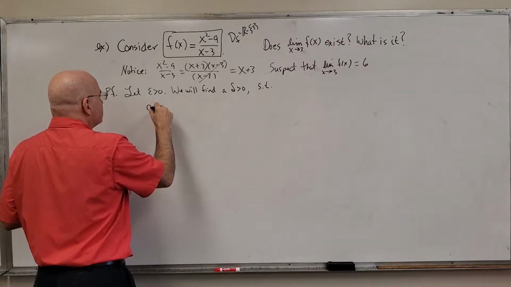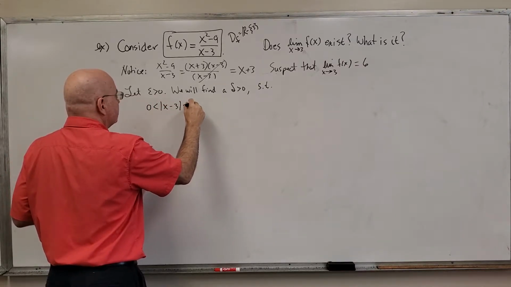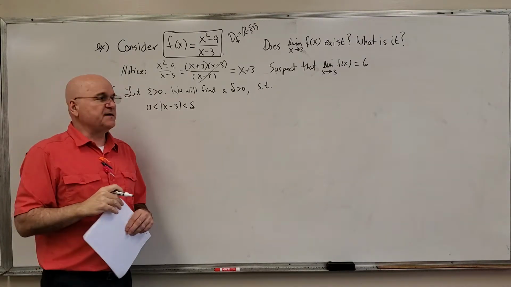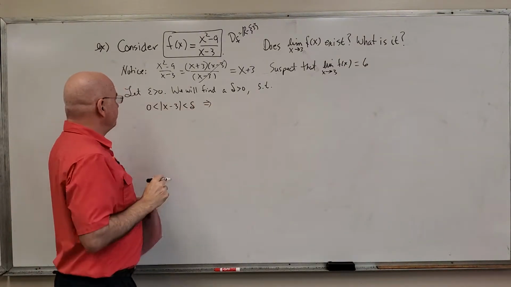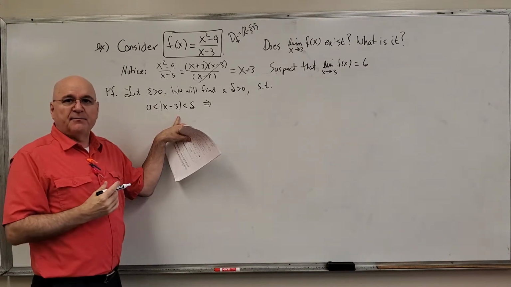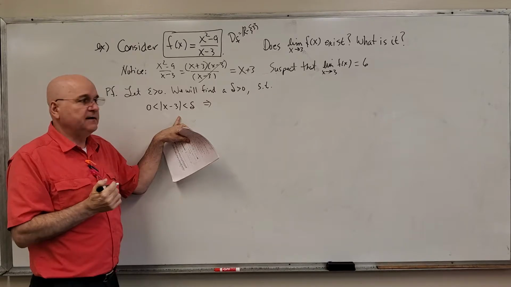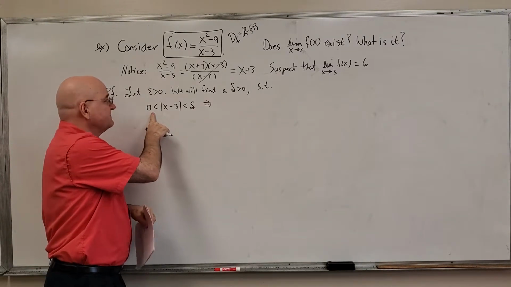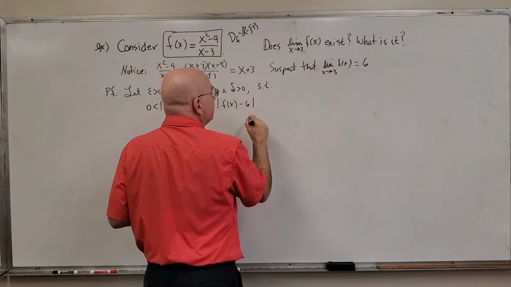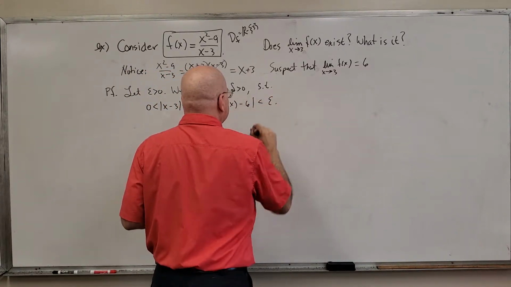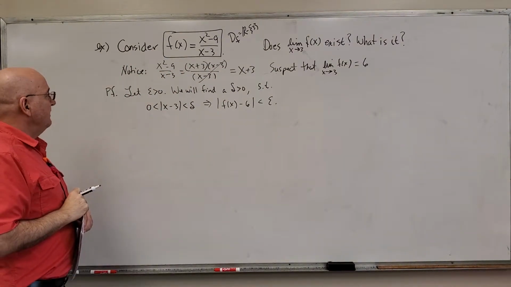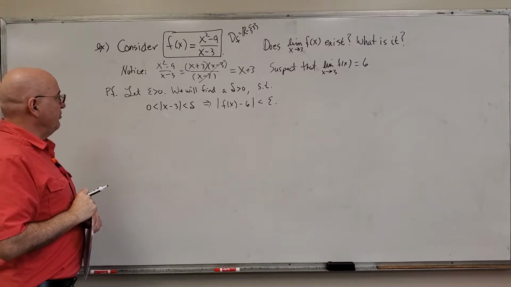If 0 is less than absolute value of x minus 3, which is less than delta, another way of saying that is, for any x within delta of the number 3, close to 3 but not equal to 3, that implies that absolute value of f of x minus 6 is less than epsilon. Again, all we've done here is use the definition of what it means to have a limit at a certain point.